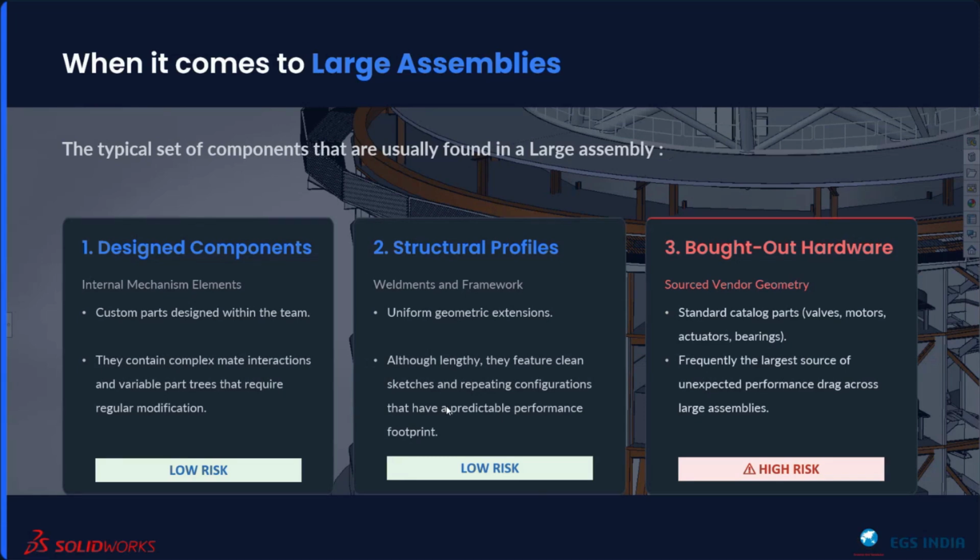The second one is going to be your structural profiles, which are structural systems or components that usually make use of elements and frameworks. Although the size of the components might be very big, they do provide us a clean way of designing those components and the structures. So even the structural profiles are not going to be of any risk.